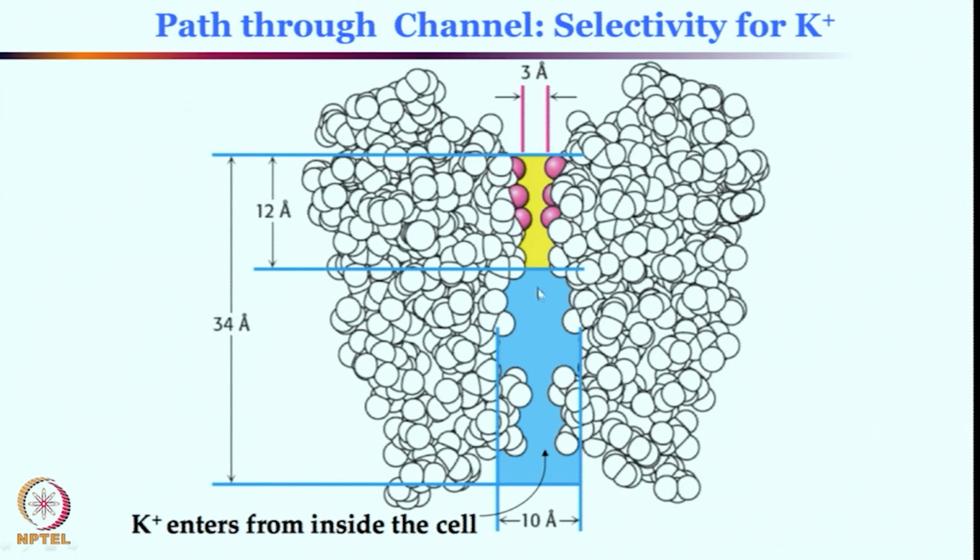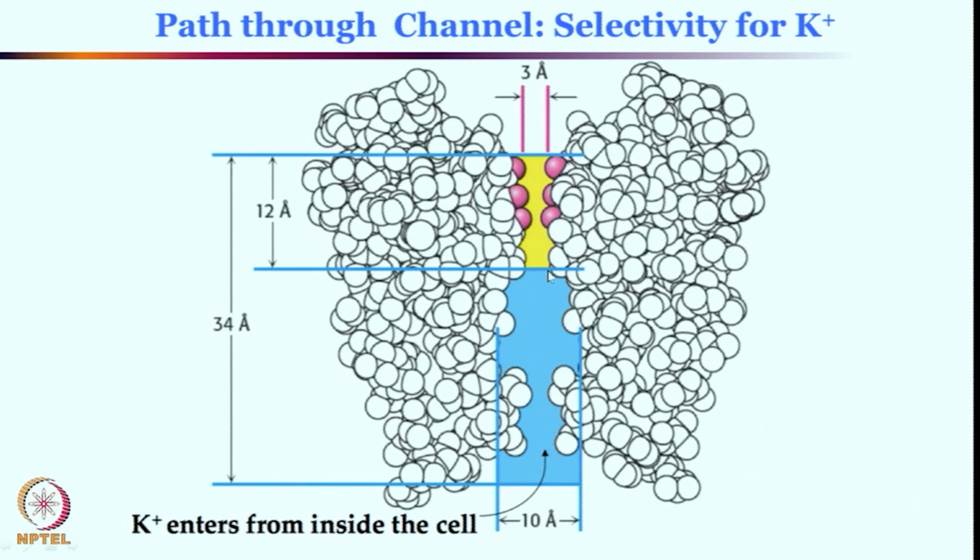On the other hand, the large distance from inside the cell to outside the cell, nearly 22 angstrom, can be traveled by many different metals, even the bigger ones, because as you see here the diameter is quite high. So the metal ions such as lithium, sodium, potassium, rubidium, cesium, all perhaps can pass through this channel.